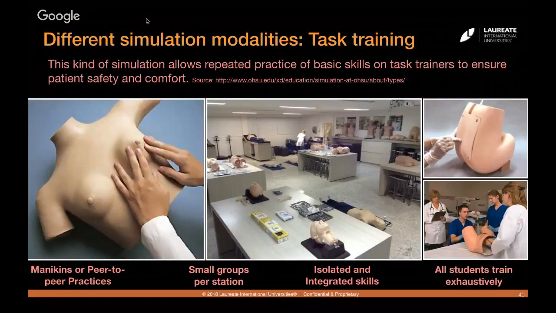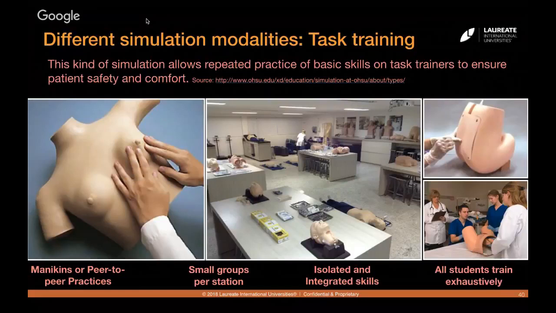So they are going to use test trainers, simulators that are going to ensure patient safety and comfort for the patient. So we can use mannequins. For example, we can use mannequins to train CPR, lumbar puncture, intubation, etc. Or we can use peer-to-peer.